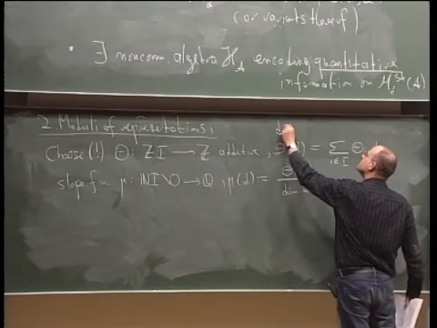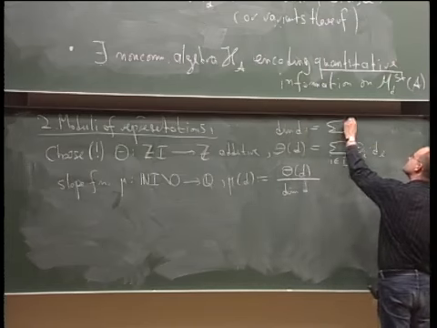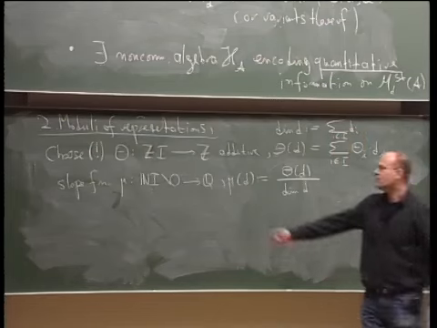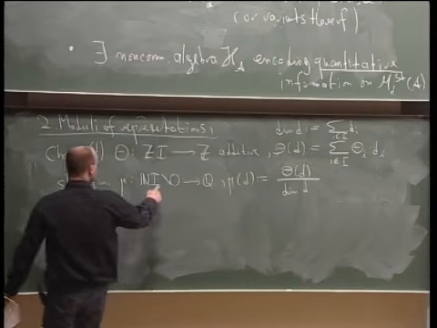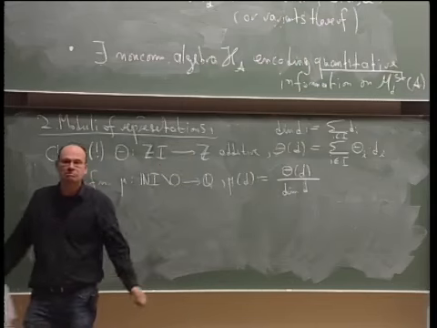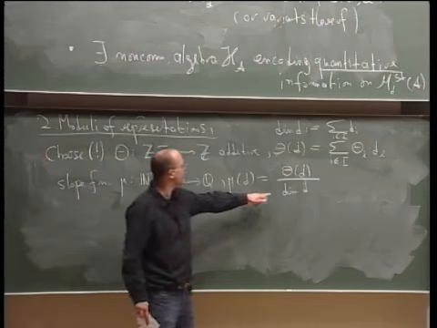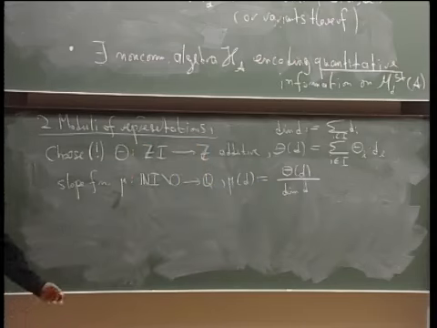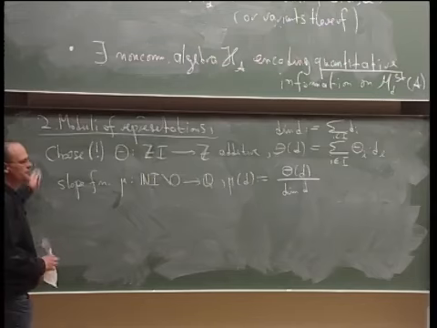And I have to define this. The total dimension of d is just the sum of all the entries d_i. Non-negativity and excluding 0 ensures that this denominator is non-zero. This is the replacement for the rank, and this is the replacement for the degree, which is artificial from the very beginning, because there's nothing like the degree. But that's a slope function.